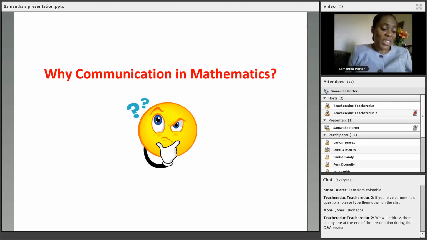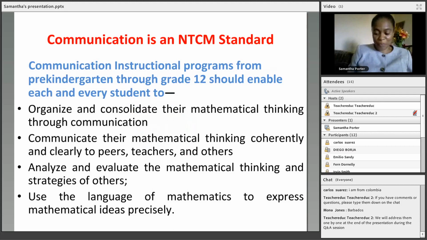Therefore, we need to give our students the opportunities to test their thoughts and demonstrate their understanding by shared knowledge in the mathematics classroom. So communication is absolutely vital in mathematics.